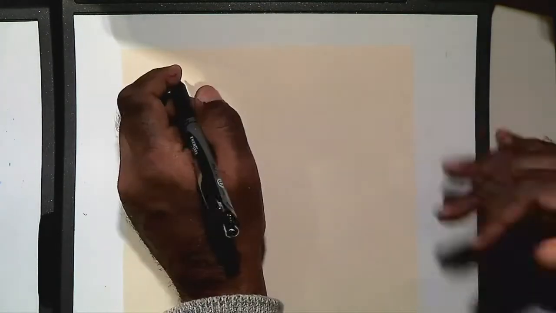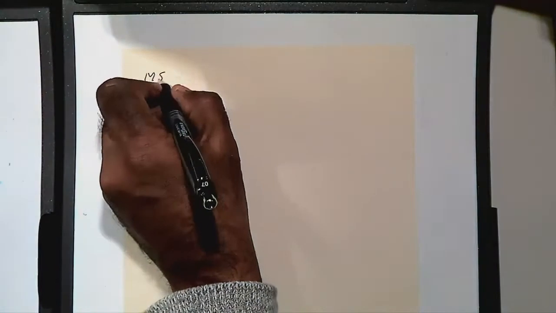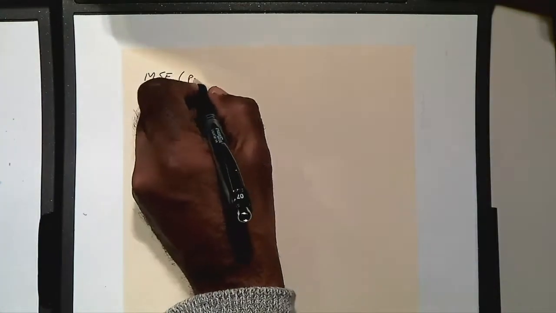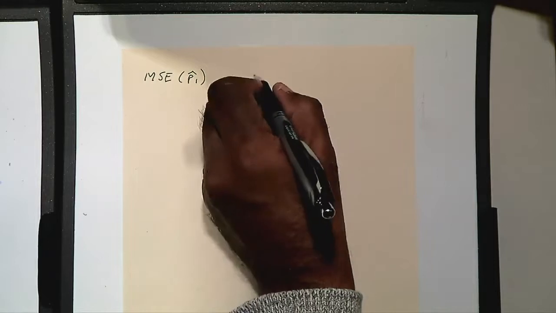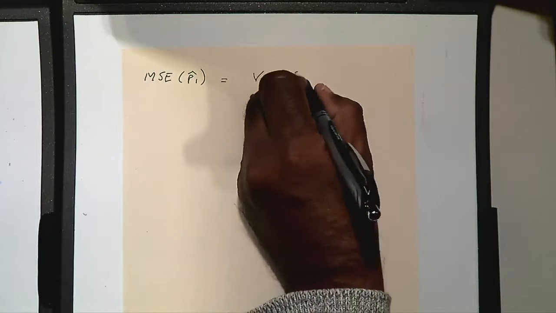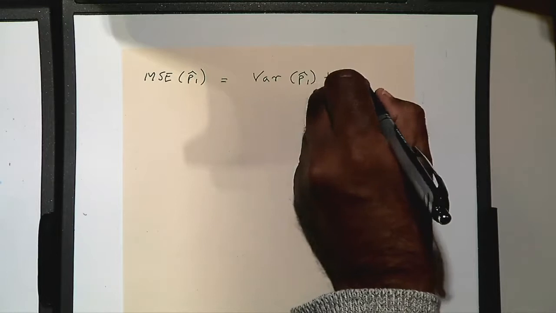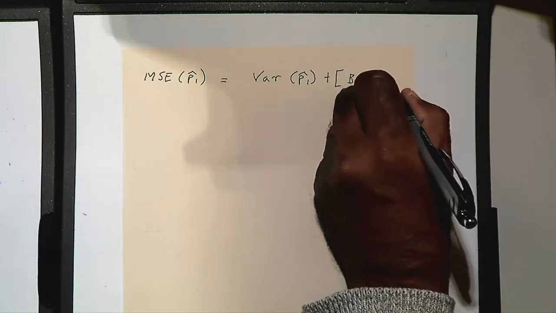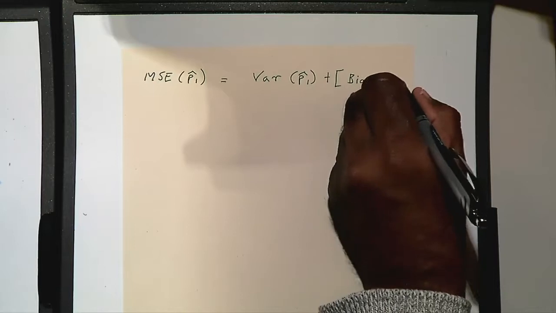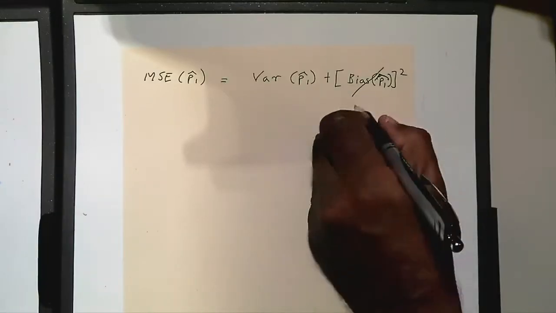So let's start with the MSE for this, which is... now, we know that this guy is 0.